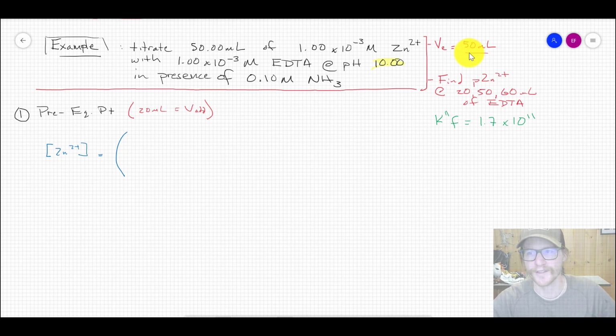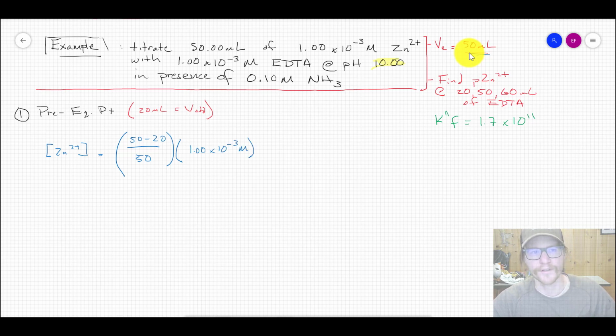If equivalence is at 50, we've added 20. That means 50 minus 20 is the fraction left, 30 out of 50. That would be our fractional amount of zinc left in the system that we haven't complexed, times whatever the original concentration was, which was 1.00 times 10 to the minus 3 molar.